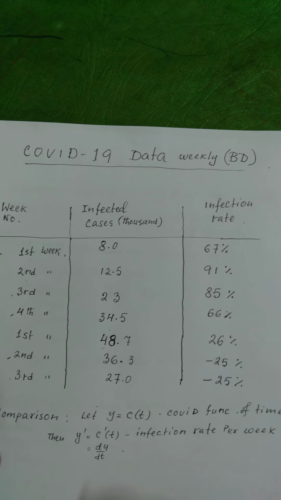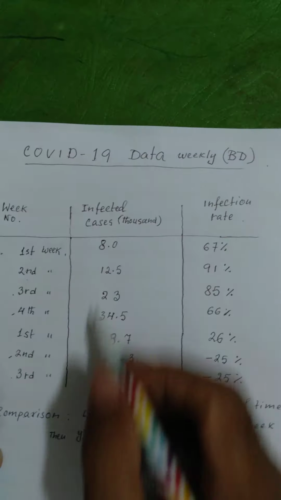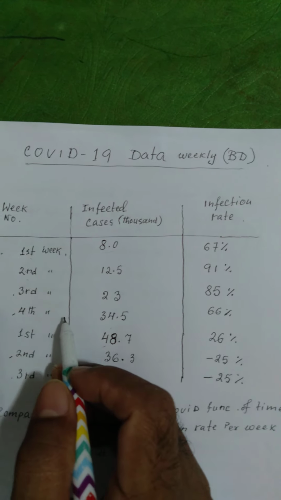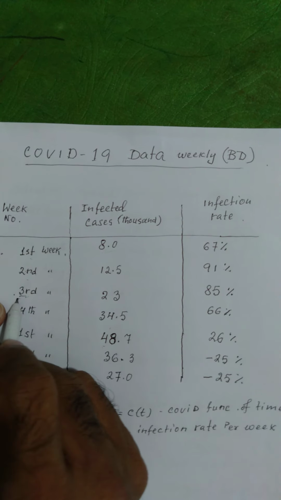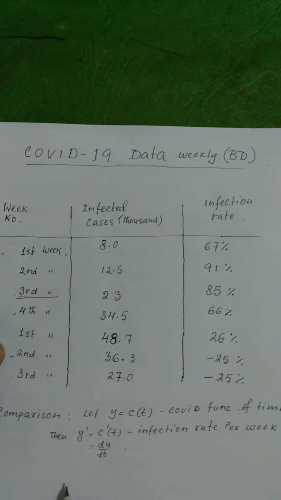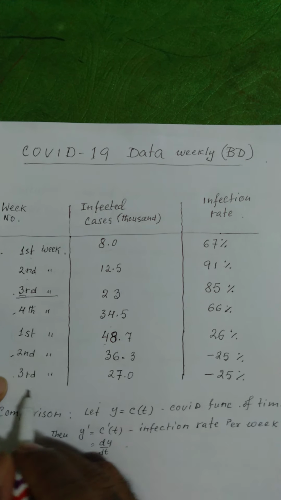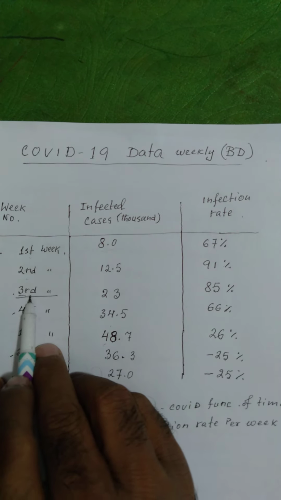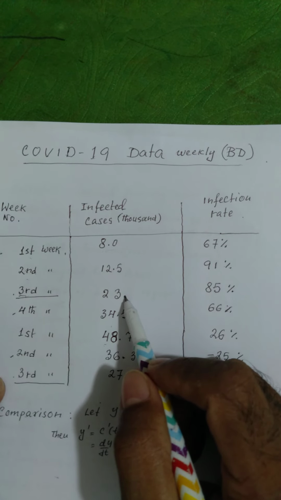What we can see when we look at absolute volume, the number of people infected. Suppose we take the third week of March and the third week of April. At third week of March, infected people were 23,000.